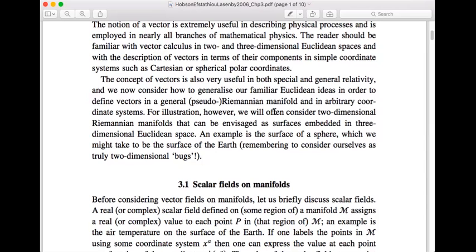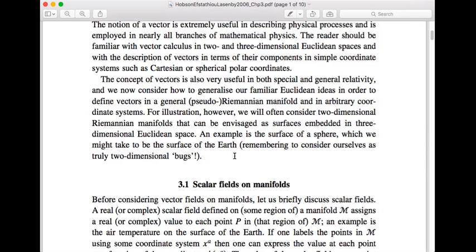And he says right here that we can often consider two-dimensional Riemannian manifolds that can be envisioned as surfaces embedded in three-dimensional Euclidean space. For example, the sphere, which represents the surface of the Earth.